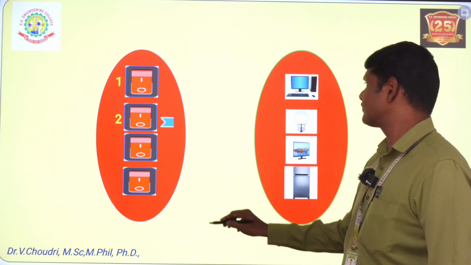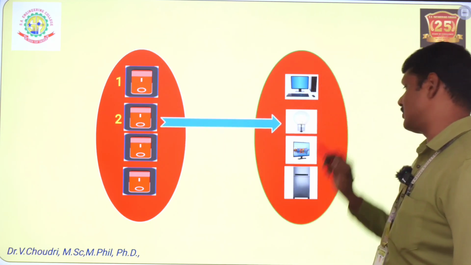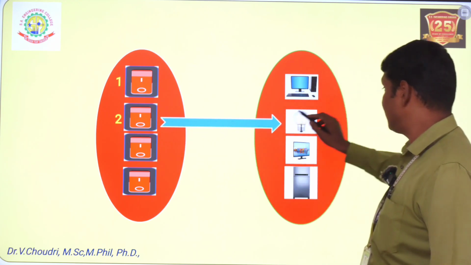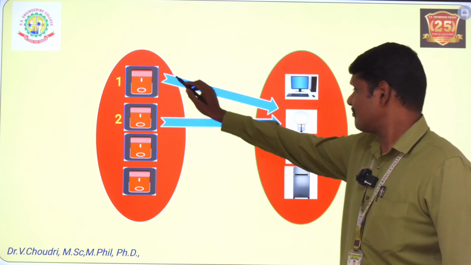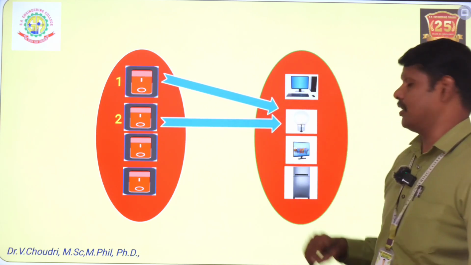Now this second switch connects with this bulb. What is the meaning? When we operate the switch, we get the output of this bulb. The first switch also connects with the same bulb.